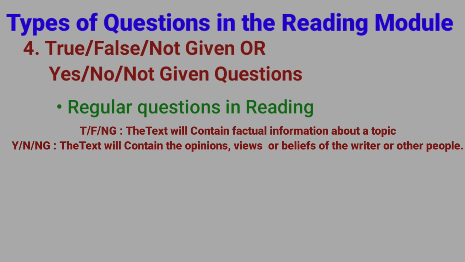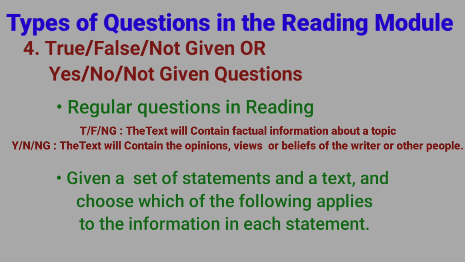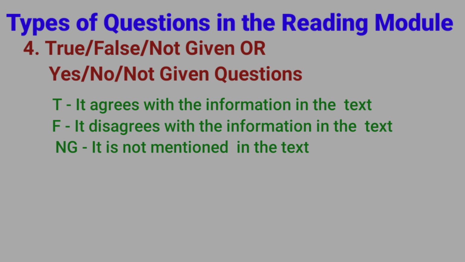With yes, no or not given, the text will contain the opinions, views or beliefs of the writer or other people who are mentioned. Here a set of statements and a text are given. You have to decide which of the following applies to the information in each statement. True means it agrees with the information in the text.